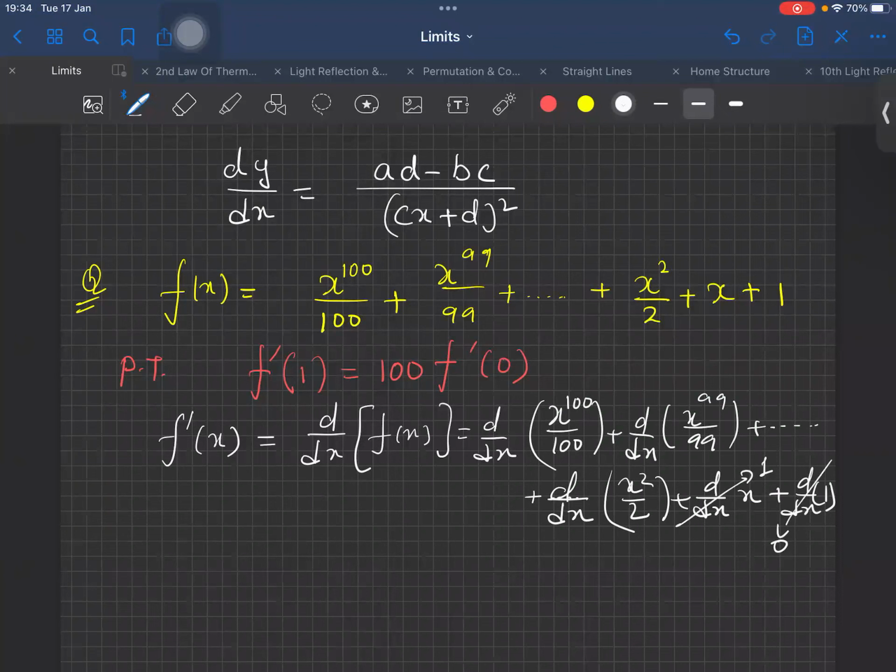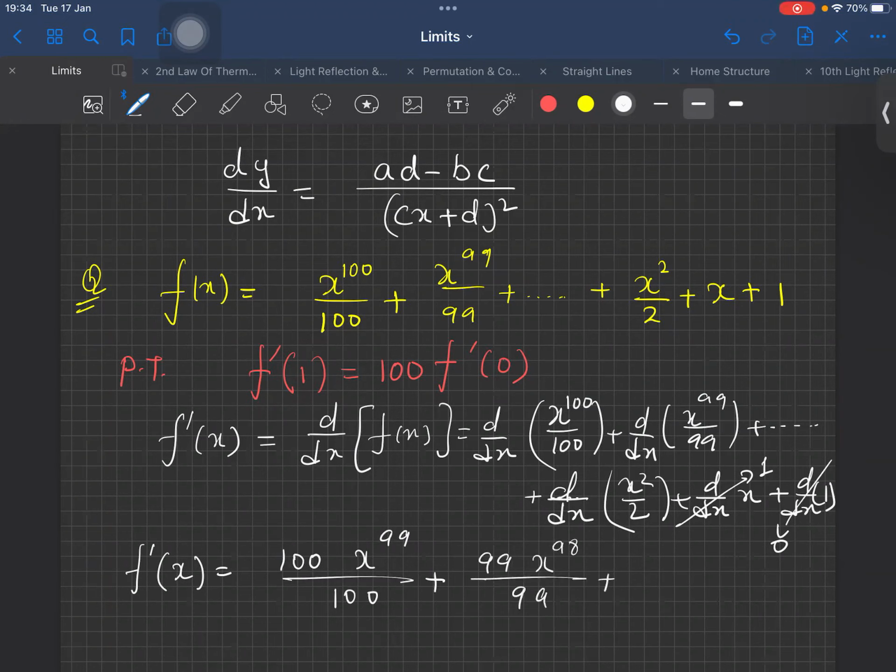So you can write f'(x) is equal to 100 x to the power of 99 upon 100 plus 99 into x to the power of 98 upon 99 plus the next will be 98 x to the power of 97 upon 98 and so on, plus 2x upon 2 plus 1.